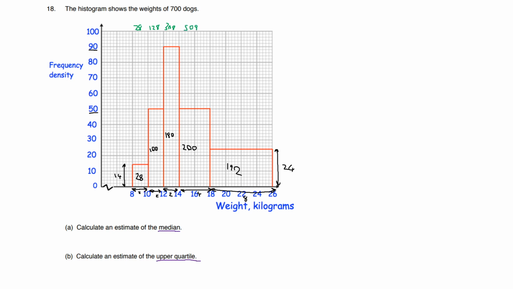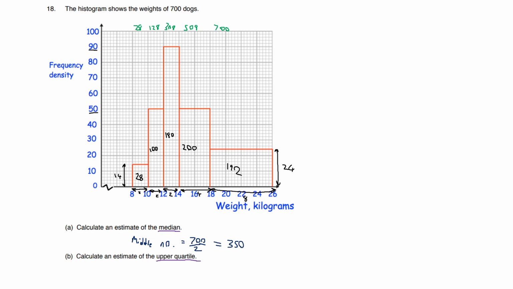And then 508 plus 192 is 700. Cool. To work out the median, first we need to work out the middle number. The middle number is just going to be 700 divided by 2, which is equal to 350.